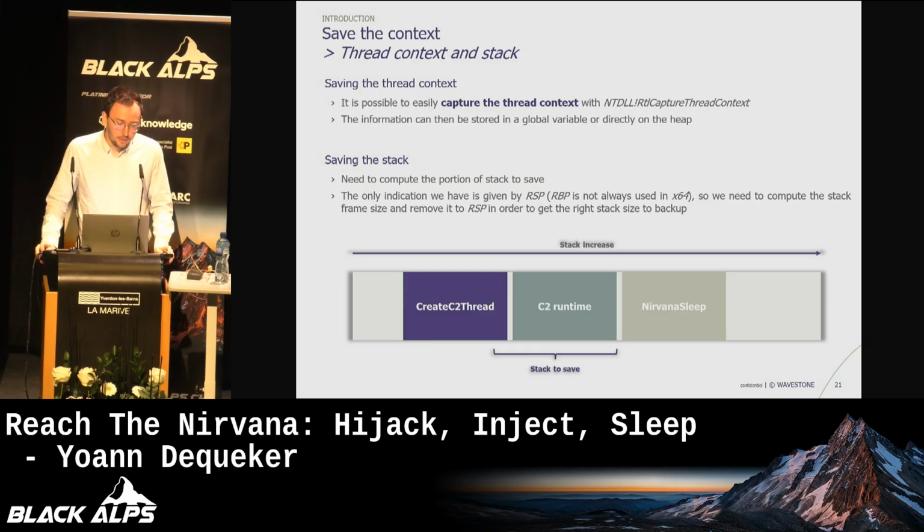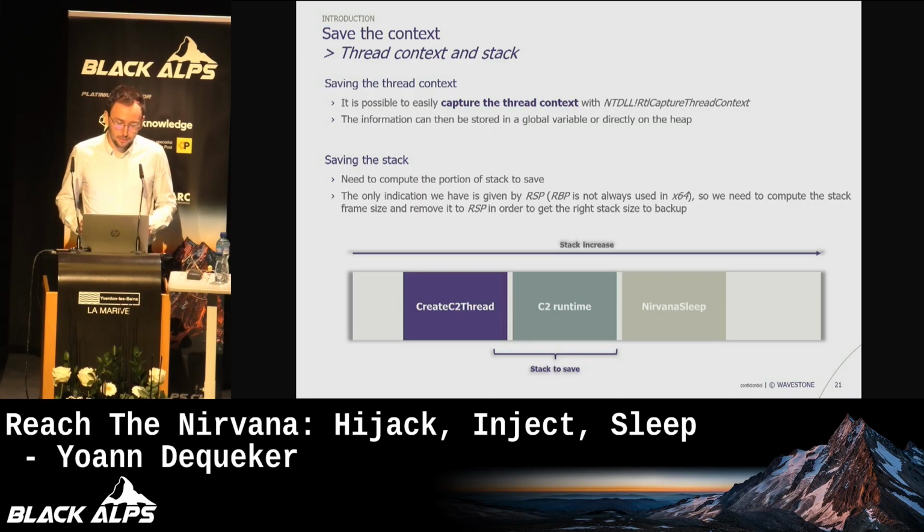The next thing we have to save is the beacon stack, because in the beacon stack you will have all the information that has been collected by your beacon, every piece of information needed to perform connection with the command and control, and it's something you want to keep to avoid creating a new session every time the beacon awakes. So you save the stack by just getting RSP and getting the beginning of your beacon stack.